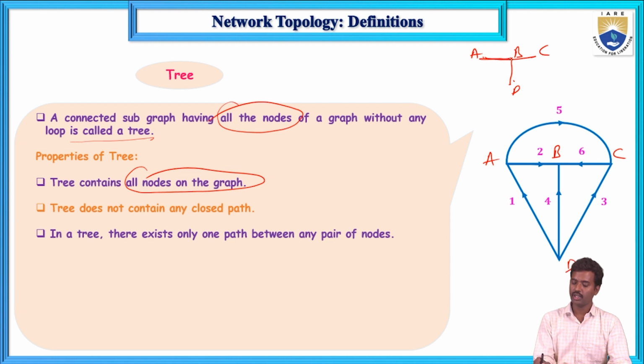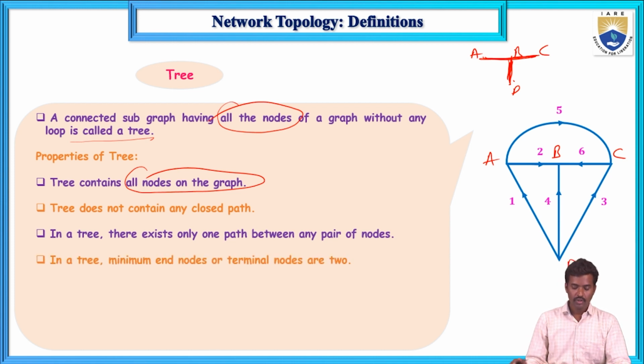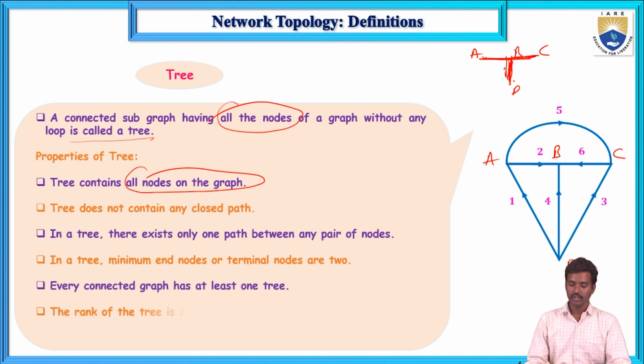For any pair of nodes, only one path exists, and this is the one path. Now the minimum number of terminal nodes is 2. So 1, 2. Now every connected graph has at least one tree.